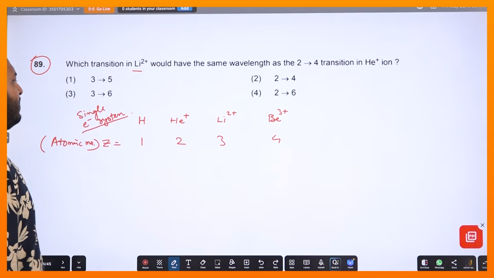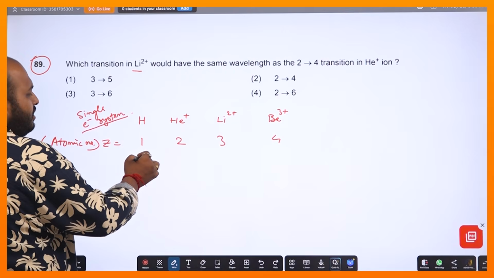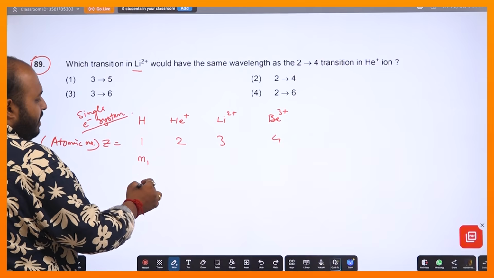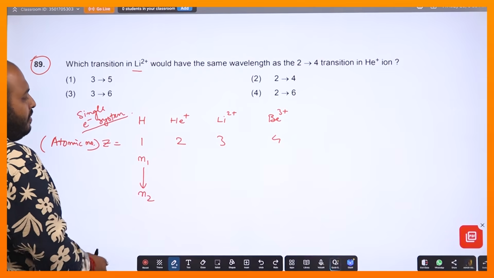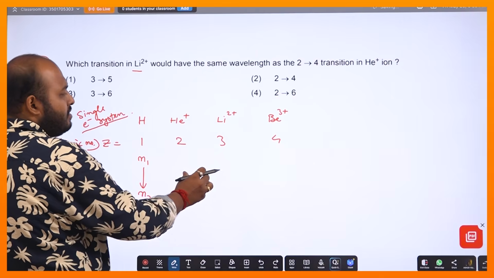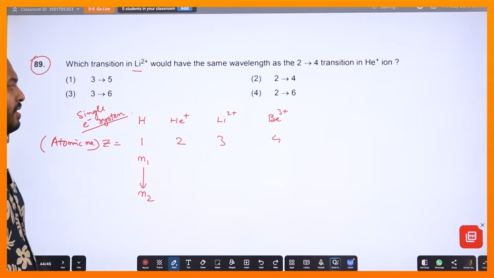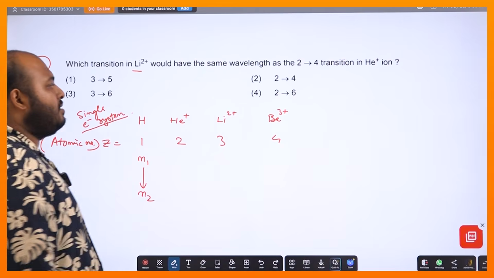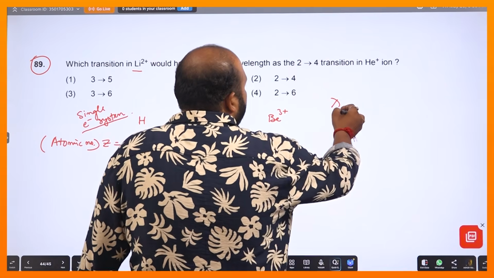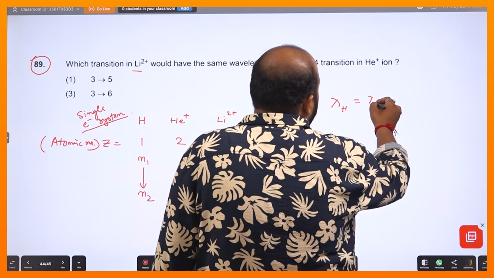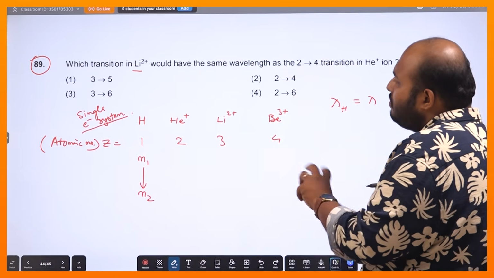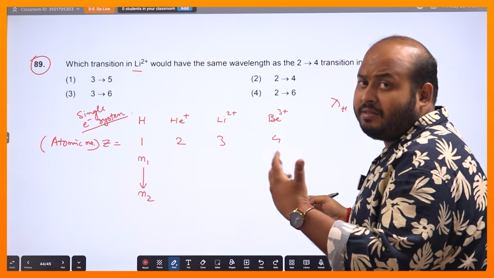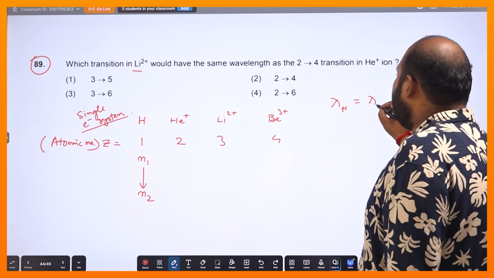Suppose in the question it is given that for a hydrogen atom, a transition is having N1 to N2, it will have the same wavelength for which transition for helium plus, lithium 2 plus and beryllium 3 plus. It is asking for which particular transition in each of the cases the wavelengths will be the same.